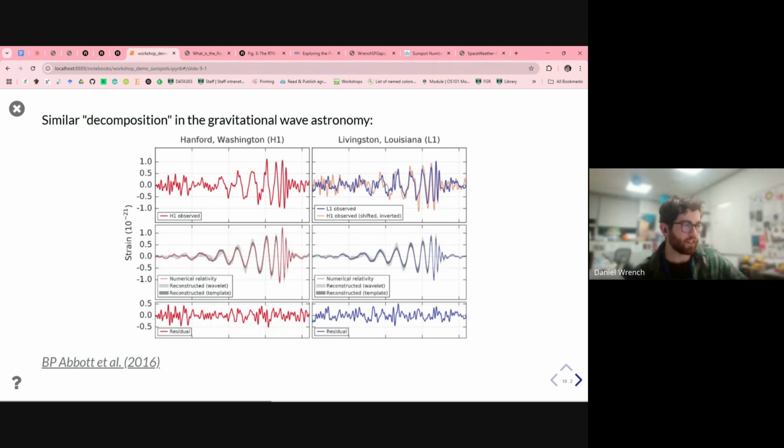Then, instead of calculating seasonality, they compared it to their theoretical prediction, as far as I understand. It was a very light, very quick reading on my part. These very smooth curved lines in the second row are the theoretical predictions of what this black hole merger would look like. Then, similar to us, they've subtracted that signal from the original signal, and they're left with this noise at the bottom there.